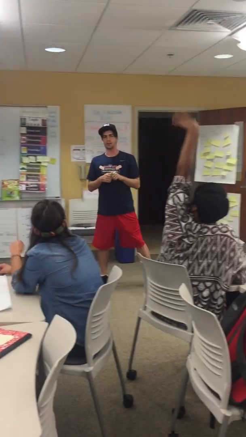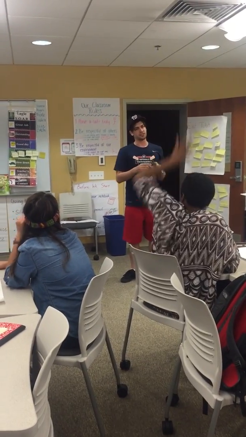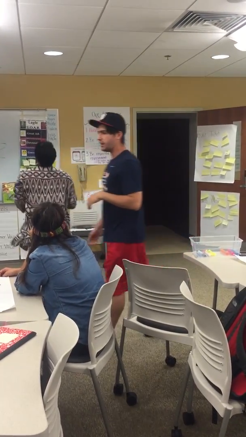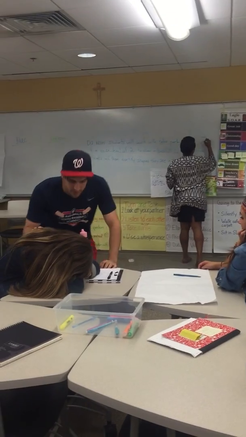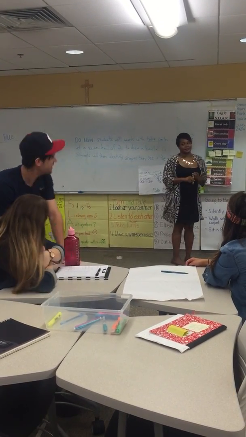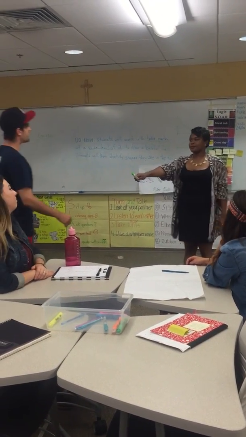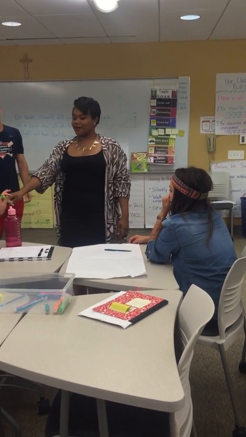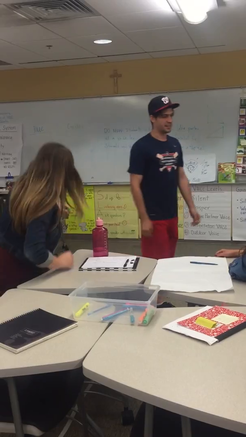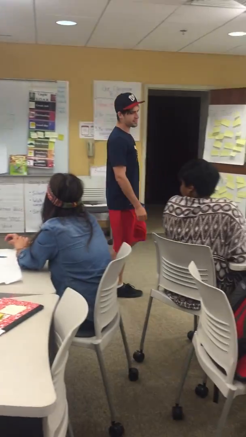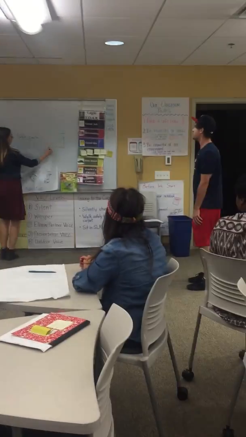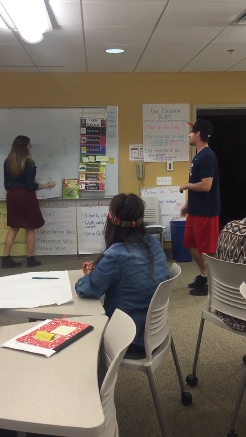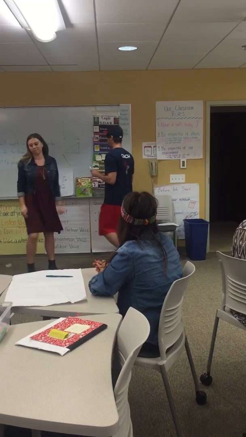Would anyone be willing to come up on the board and help me? Yes, Isha? Would you like to call on somebody to do the obtuse angle? Yes. Megan. Thank you, Megan. That's right. That's the obtuse angle.